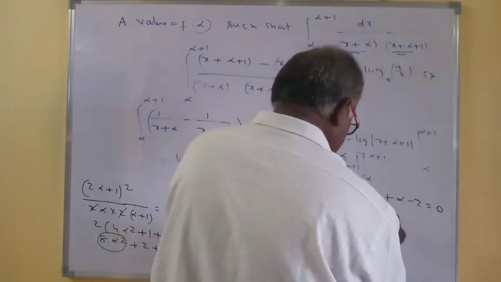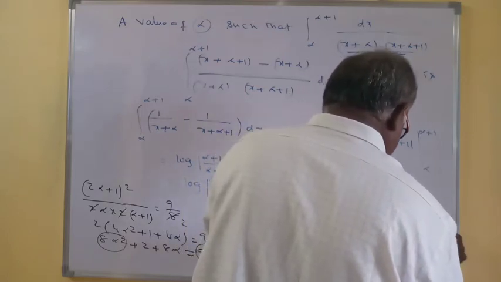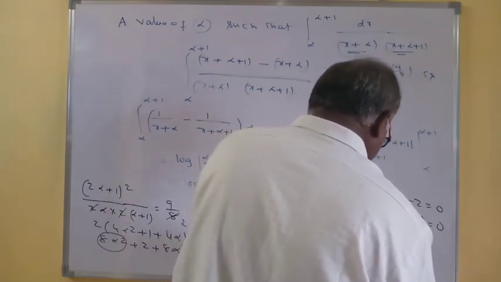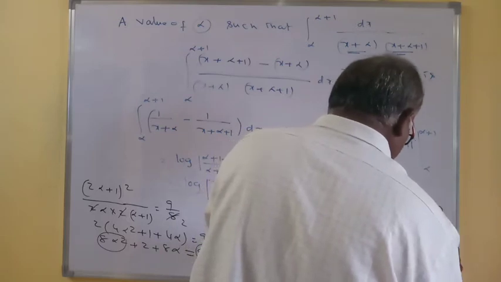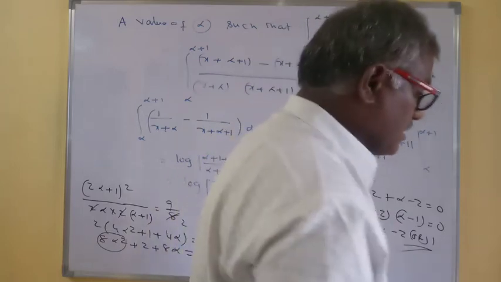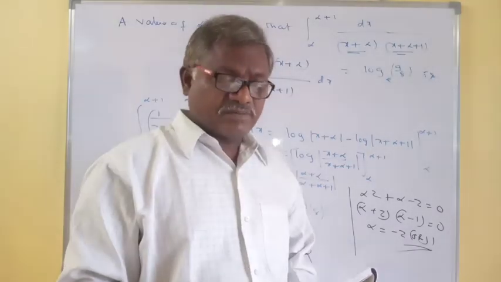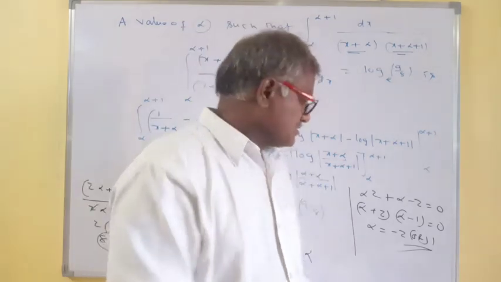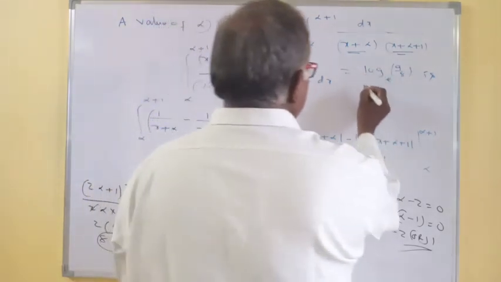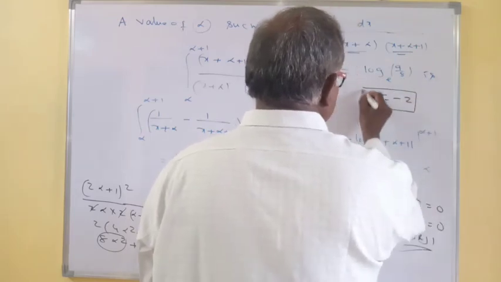Factors: alpha plus 2 into alpha minus 1 is equal to 0. So alpha is equal to minus 2 or 1. In the options minus 2, minus 1 by 2, plus 1 by 2 and 2 are given. So finally alpha is equal to minus 2, the right option.